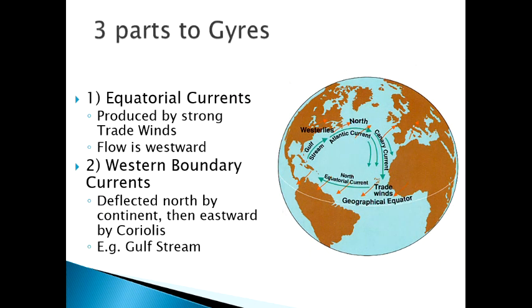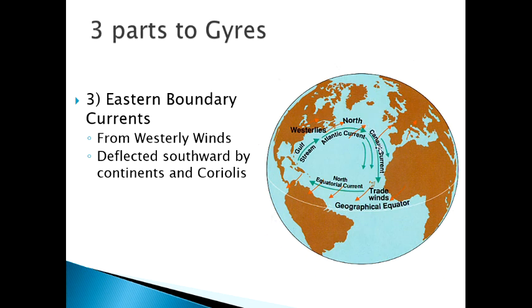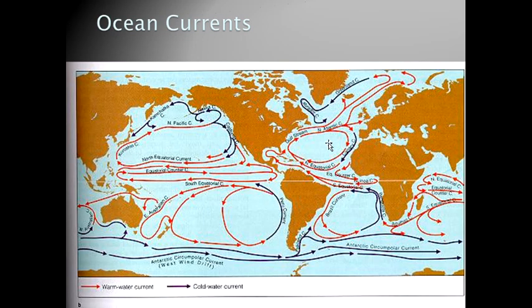Every gyre is similar to this in that there are equatorial currents produced by the trade winds. There are western boundary currents, and these are deflected northward and eastward by the Coriolis, and then there are the eastern boundary currents over here. If you then look at the globe, there's the North Atlantic. We still have the gyre that we used as our example, but look at the North Pacific.